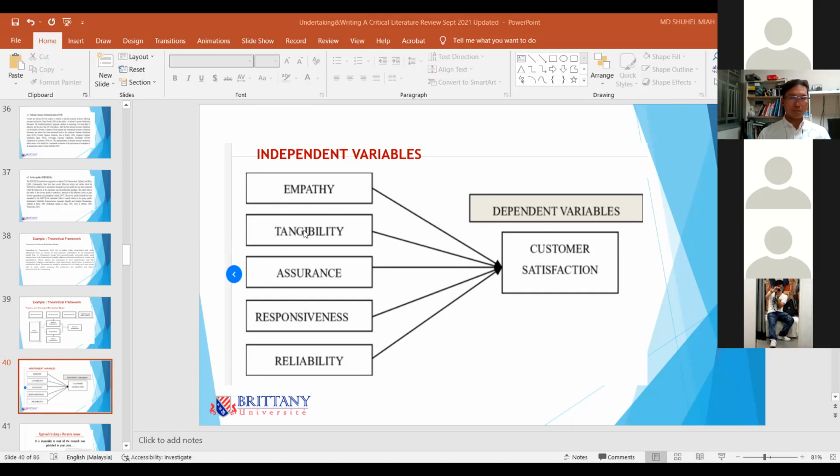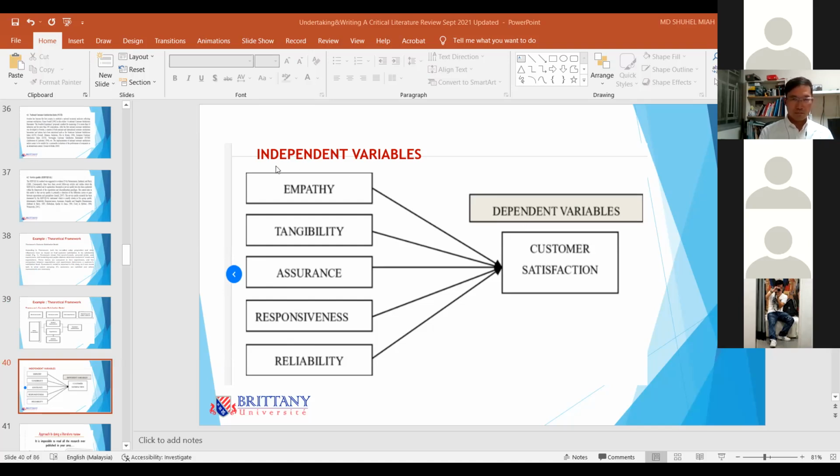Empathy, tangibility, assurance, responsiveness, reliability. Customer satisfaction will only increase when these factors function. If there is no responsiveness, customer satisfaction won't increase. So it is dependent on other factors. A dependent variable is always dependent on other factors.